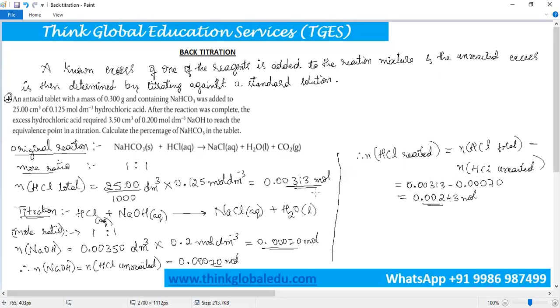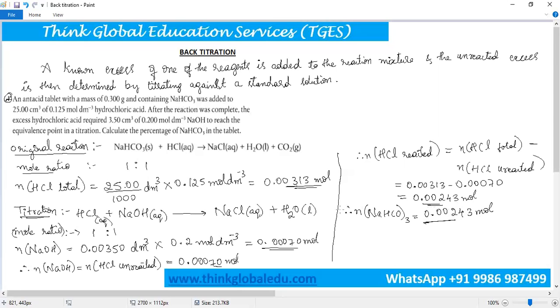So from the mole ratio in the first equation, the number of moles of NaHCO3 will be equal to the number of moles of HCl, as they are reacting in the 1:1 mole ratio.